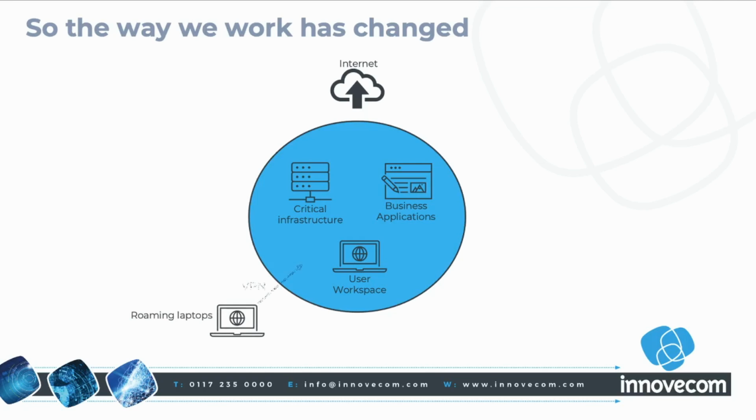Of course, we had roaming users on laptops, but they would often connect back to the office using a VPN. Along with other locations like branch offices that connected back to the head office using MPLS or VPN technology, they would all use that one internet connection and that one security stack to protect the entire business.